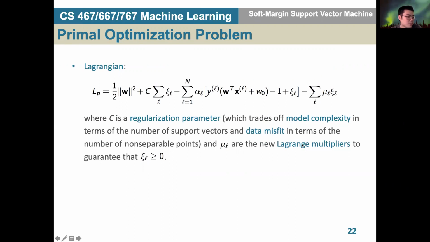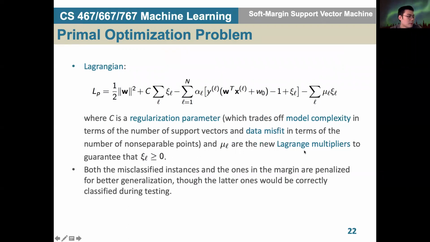It's just like what we see in the very first lecture. Both the misclassified instances and the ones that are in the margin are also penalized, because we really want our data to be on the other side of the margin, at least distance 1 from the boundary. Even if you are on the right side, if you are within the margin, you're also penalized.